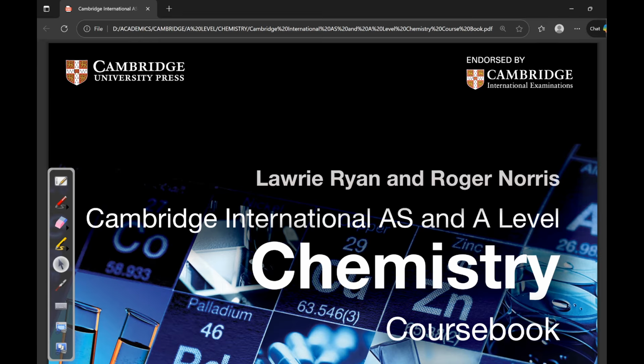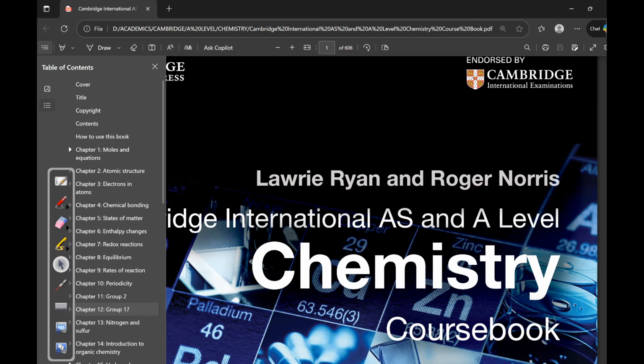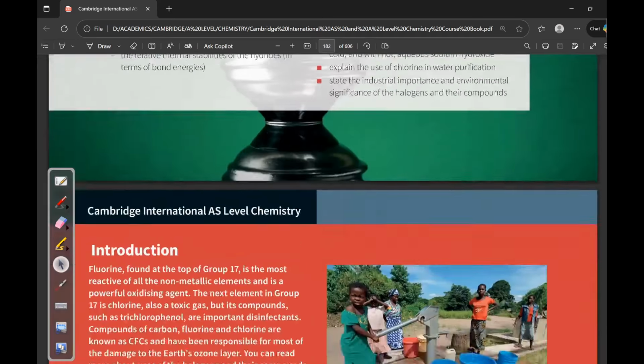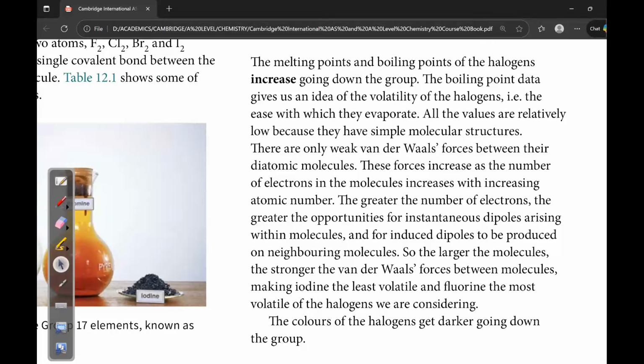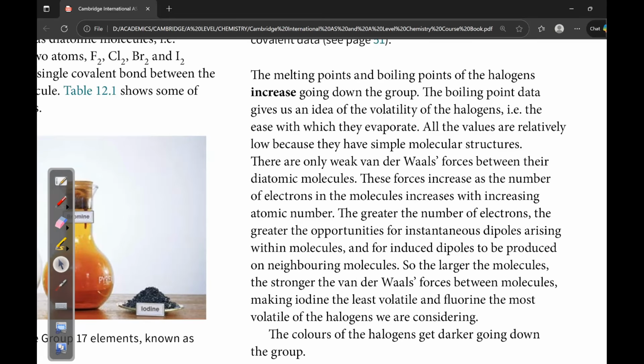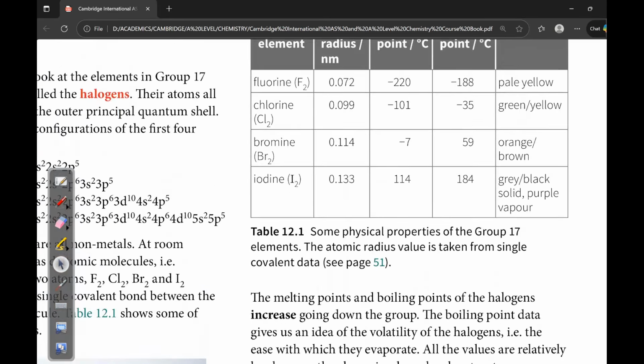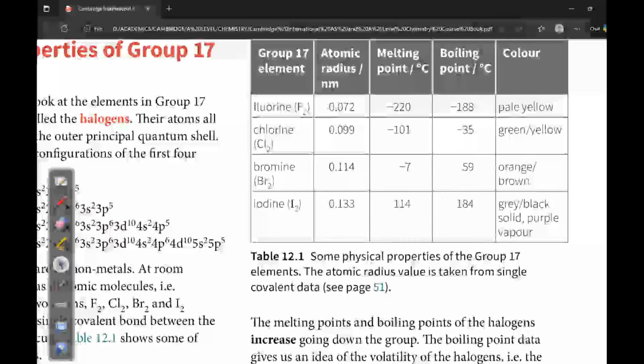So when I come to this book here, and we go to group 17, there is something here about the melting points. Of course, when we are explaining melting points, we look at the structure and bonding. You see that?